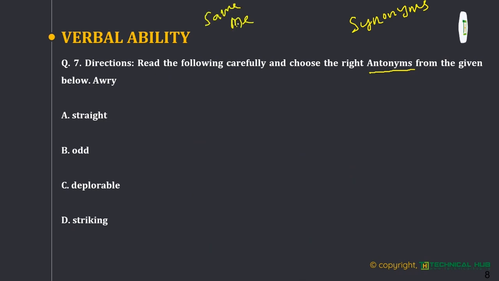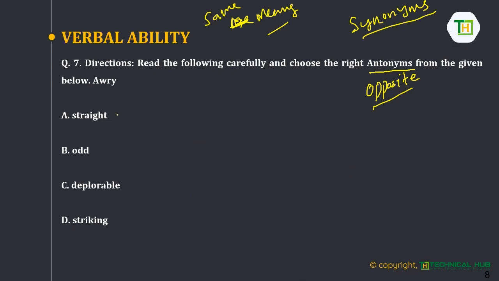Okay, same meaning they will ask. Sometimes that is all about synonym. Or equal meaning they might say. And for antonyms they directly give antonym, or sometimes they will ask about the opposite word of this. Okay, please remember this. Read the question, and you should know what question you are answering, whether synonym or antonym.